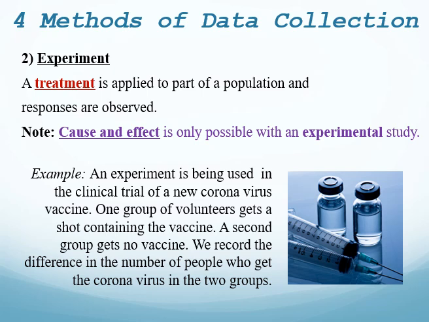We'll have at least 2 groups, and one group gets the treatment and the other one gets a sort of fake treatment. In the coronavirus example, one group gets a shot, and one group thinks they get a shot, but they're not really getting a vaccine. And then you look and see, did we get more coronavirus showing up in the group that didn't get the vaccine?